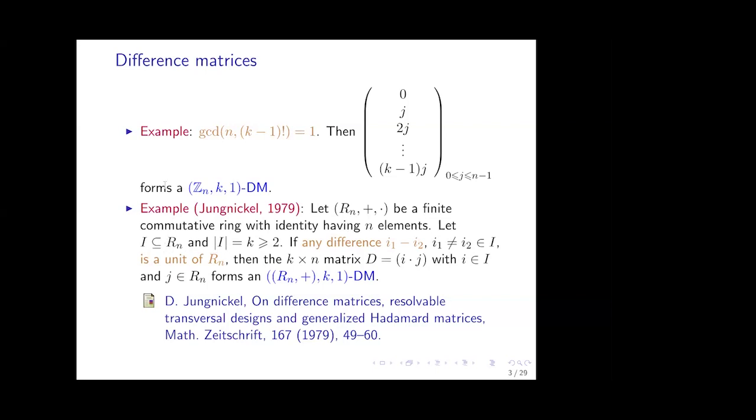In our former example, we take I to be the set consisting of the elements 0, 1, 2, up to k minus 1. If any difference i1 minus i2 is a unit of Rn, which in our example means we require n to be coprime to (k minus 1) factorial, then the k by n matrix whose entries are of the form i times j, with i in the set I and j in the set Rn, will form a difference matrix.